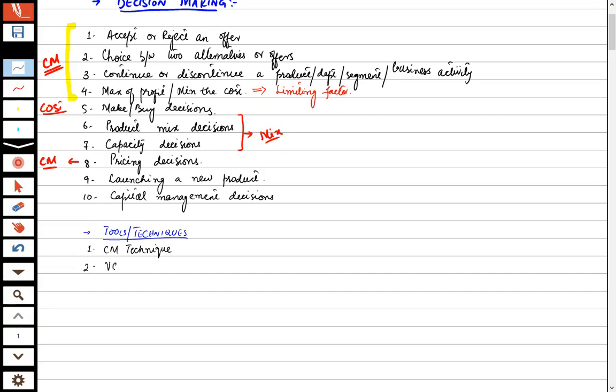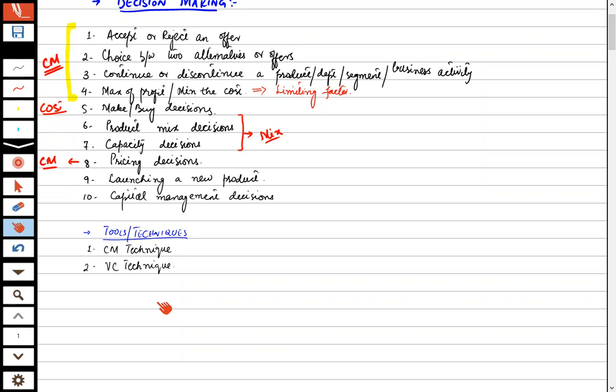Number two is the variable cost technique. Now there is a difference between the CM technique and the variable cost technique. Can you explain what the difference is?